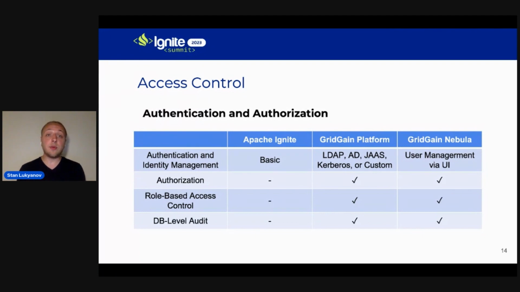which can be enough. For example, if you have a single tenant Apache Ignite application and you maybe don't need authorization, but in most cases you will first need some authorization capabilities. You will need to be able to assign different roles to different users, to different applications, assigning them with different permissions.